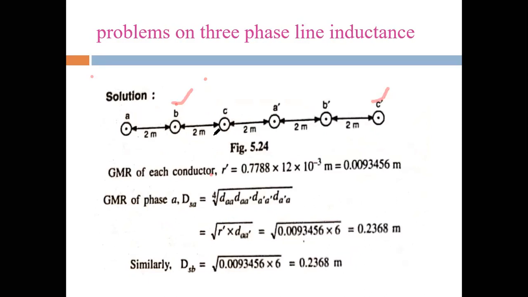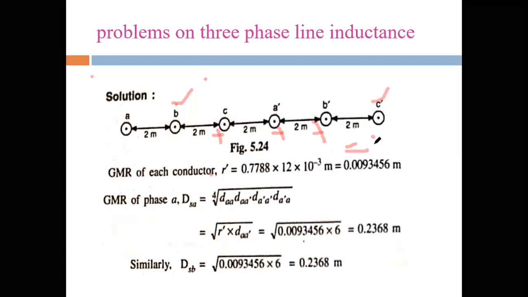What is the distance? That is 2 plus 2 plus 2 plus 2. 2 plus 2 is 4, 4 plus 2 is 6, 6 plus 2 is 8 meters.